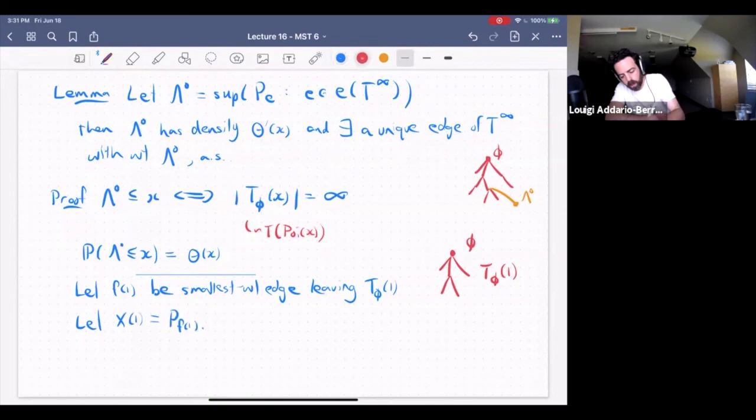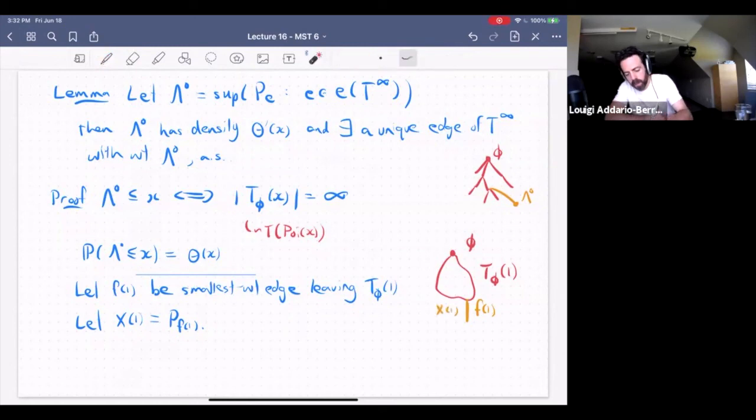Let me draw that a little more schematically. We have this blob, which is the first critical tree, and then somewhere leaving the blob, we have an edge f1, whose weight is x1.